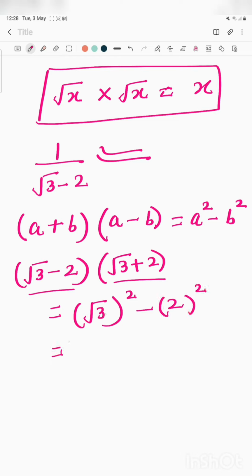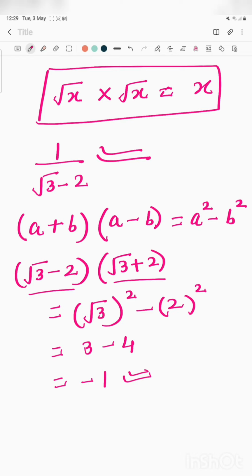So root 3 whole square will be 3 and 2 whole square will be 4. So I'll get minus 1. I hope it is clear. And minus 1 is a rational number. That means we have rationalized the number root 3 minus 2 by multiplying by root 3 plus 2.